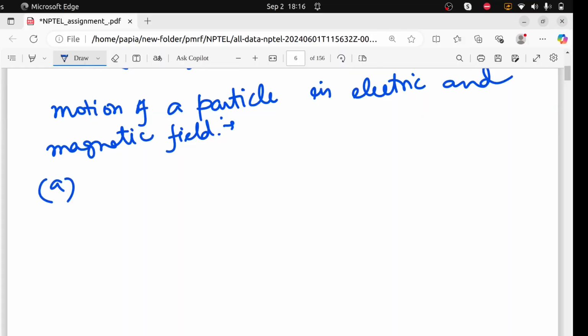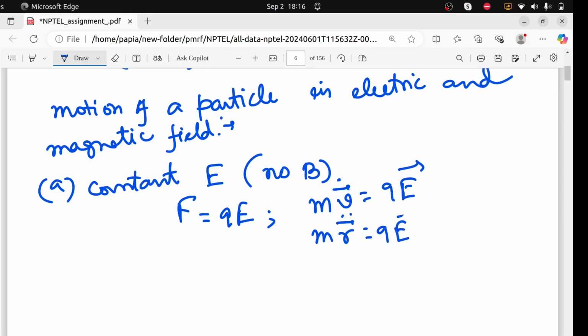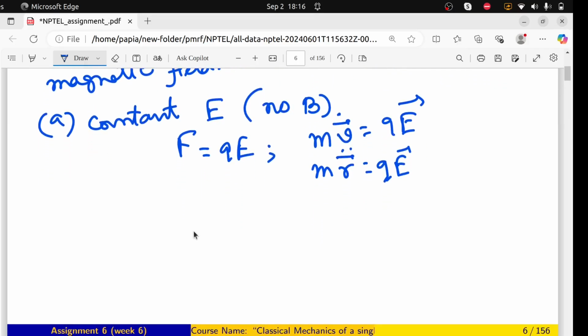First condition is a constant electric field, no B. For this case the force is Q into E, and if I talk about m v dot equals Q into E, here this is the E vector, then m r double dot equals Q into E. This is nothing but a solution like for the simple harmonic oscillator.